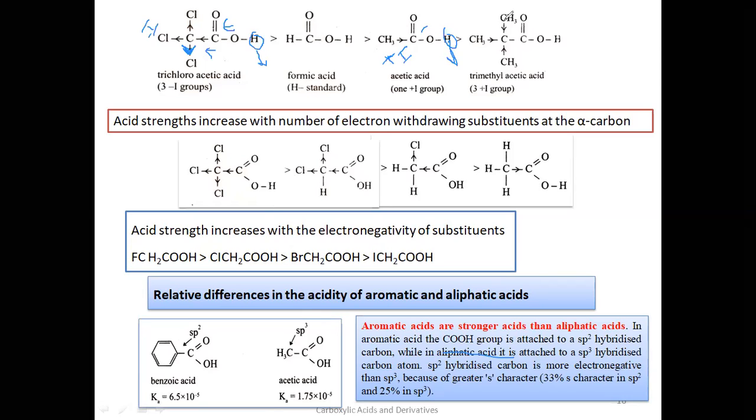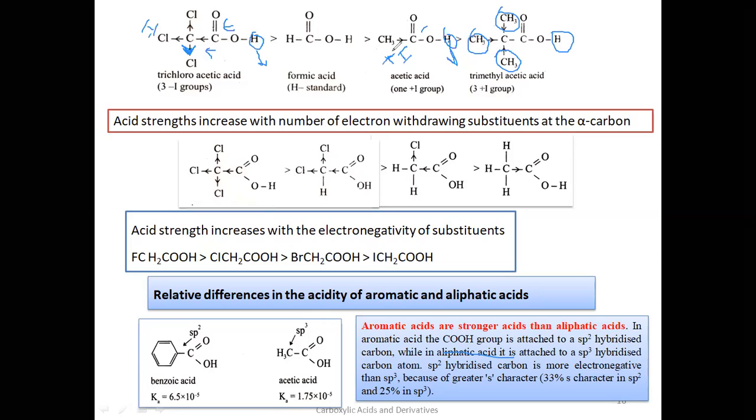If you see here, how many electron releasing groups? 1, 2, 3. 3 methyl groups are there. Means these 3 are plus I groups. They release electrons and destabilize the carboxylate ion that will be formed after donating the proton. Therefore, this is very weak. It cannot lose the proton very easily because the carboxylate ion formed will be destabilized by the presence of these 3 methyl groups.